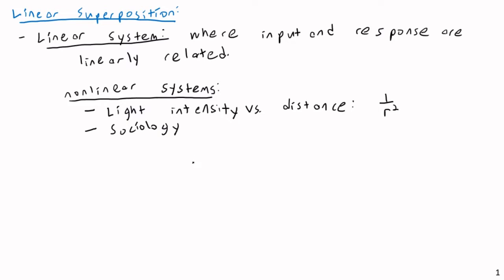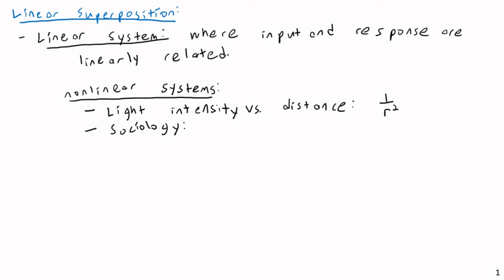For example, any kind of input and response on a population, whether that be the unemployment rate versus a politician's popularity, or, here's a good example of something that would be very easy to measure: the amount of the current lottery jackpot versus the number of people buying tickets. That's not a linear thing.